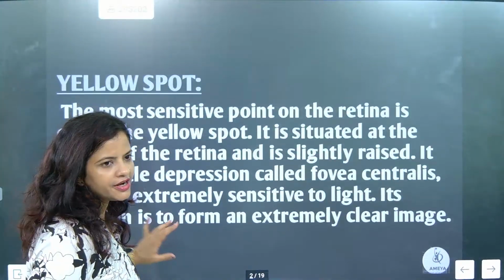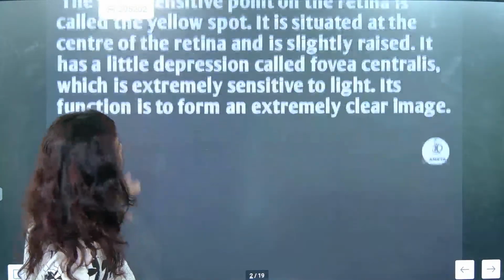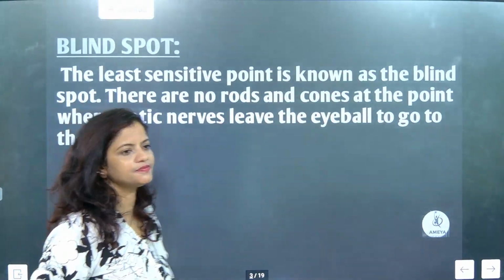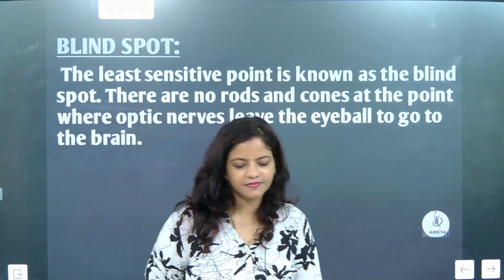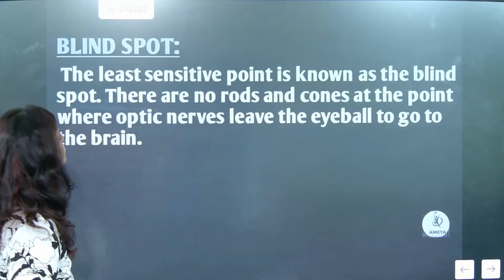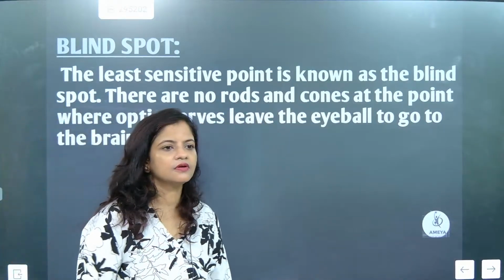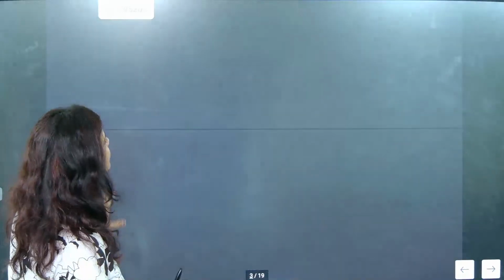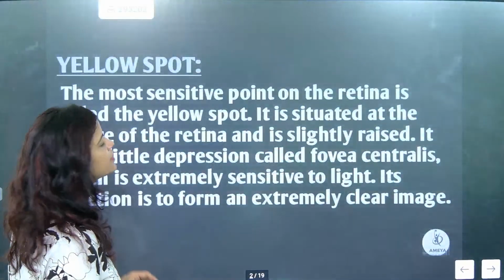Yellow spot already did. Blind spot. Can we compare yellow spot and blind spot?